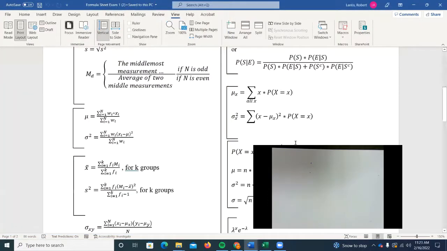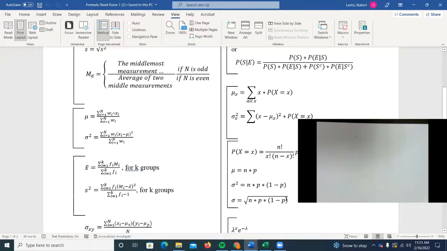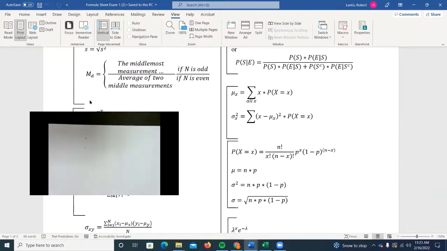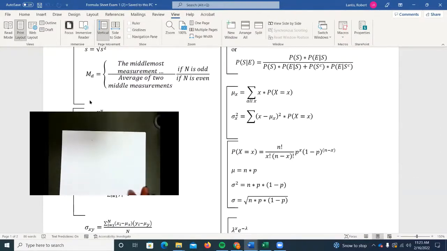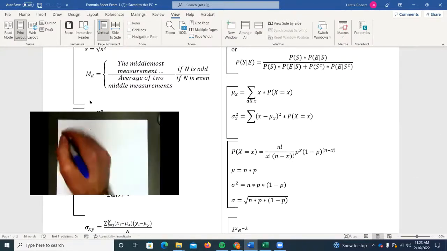So I look at my formula sheet. Here are my binomial equations. I've got my mean, my variance, my standard deviation, and then my probability mass function. The mean, another word for that when it comes to random variables, is my expected value. So I had 10 people, so my n was 10.